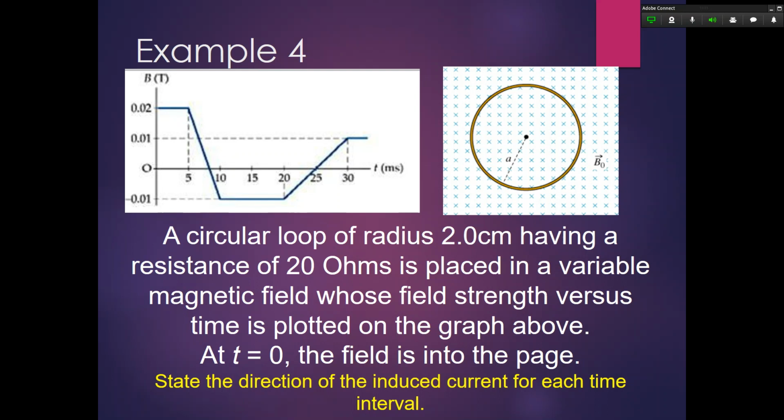We got 1.3 times 10 to the negative. Okay, 1.3. Current units. So that would be the induced current at time equal to 20 to 30 seconds.